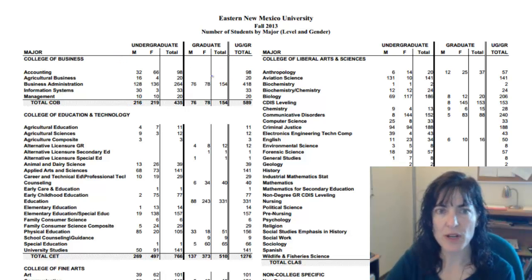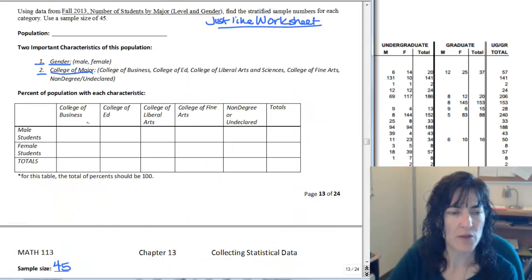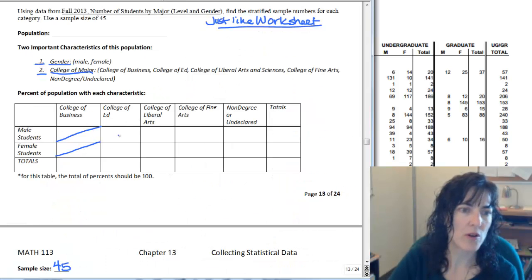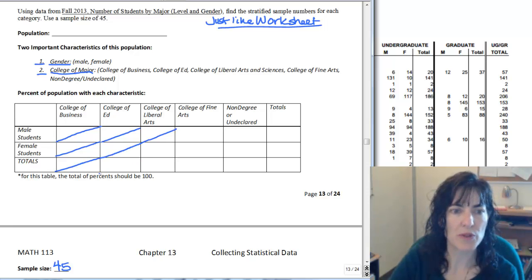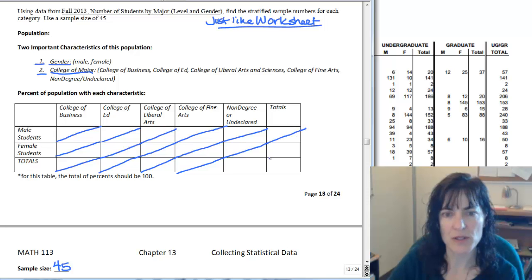So we're not considering undergraduate and graduate separately, so we will have to tally again. So we'll want to add up this number plus this number to give us the males in the College of Business. And if you just mark a diagonal on every box, that's going to help you, because we have to do a couple of things on here. We're going to find the total number first, and then we're going to calculate what percentage that is out of all our students.